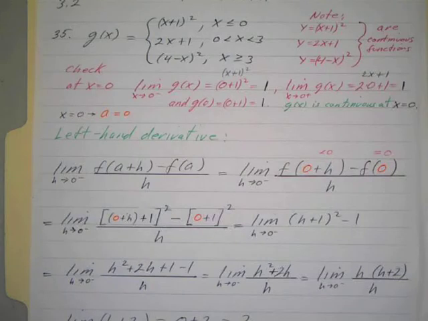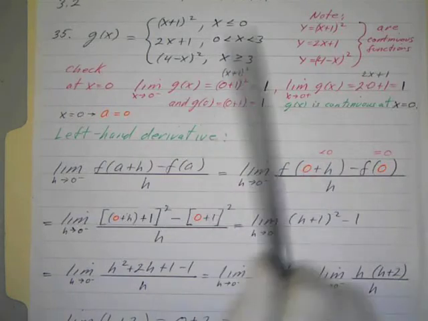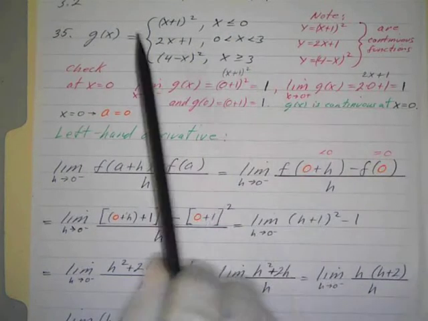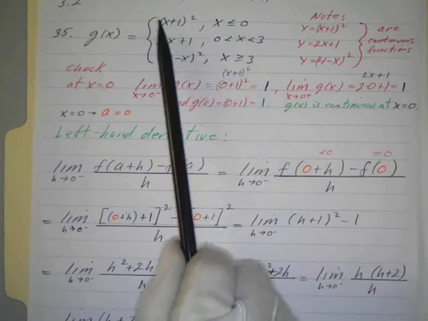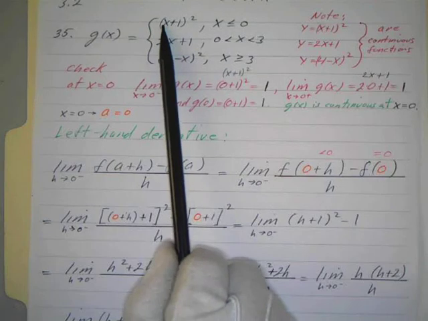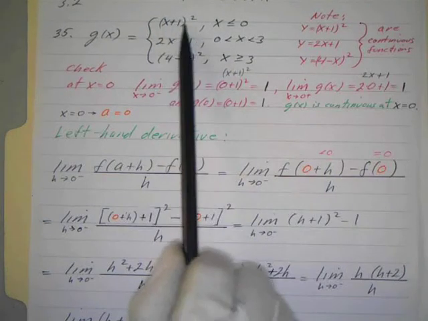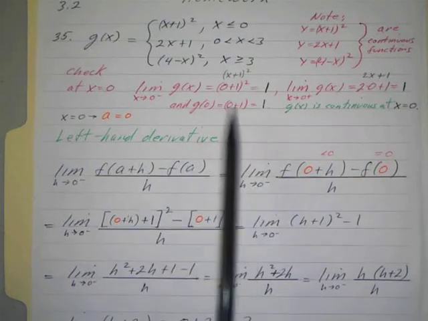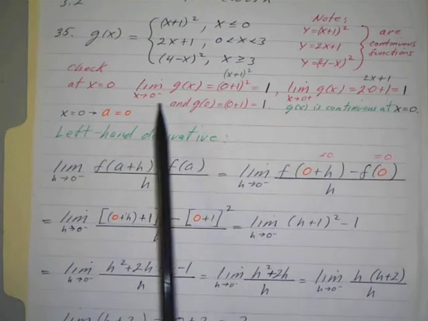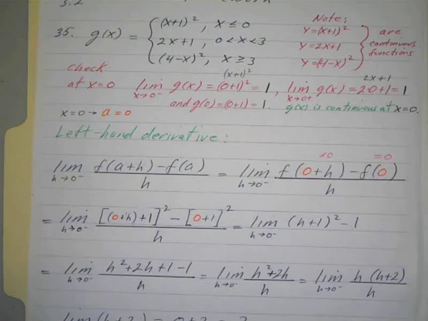Now, is g of 0 equal to that limit? Well, that limit is 1. If I put 0 in here, g of 0 uses this function again, (x plus 1) squared, which is 0 plus 1 squared, which is just 1. So g of 0 is 1, and the limit as x approaches 0 is 1.